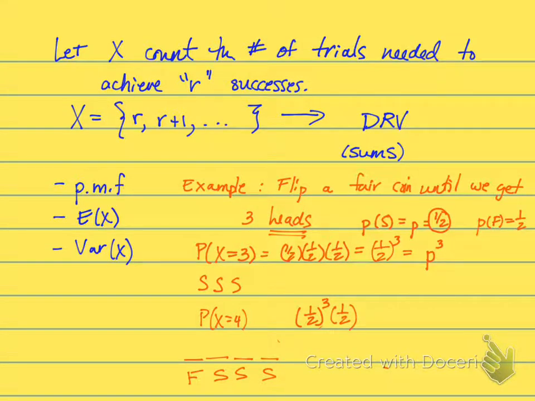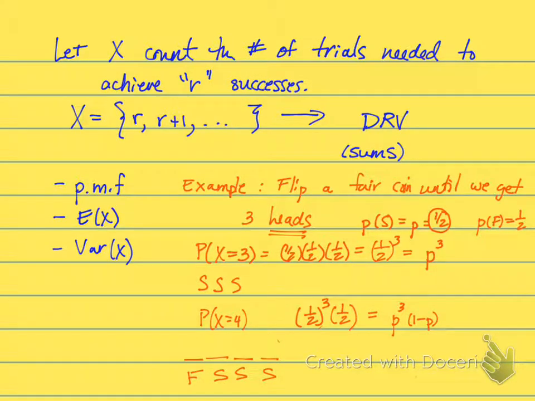Of course, that's the same as 1/2 to the 4th, but if we didn't know what p was, it's the same as p cubed times 1 minus p to the 1, right? But as we can see, there are many ways this can happen, and so we have to count the number of ways this can happen and then multiply it times the respective probability.